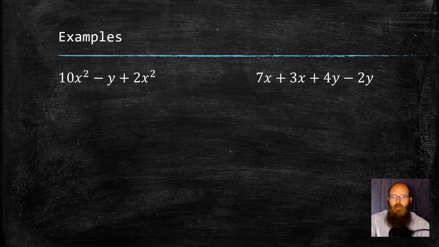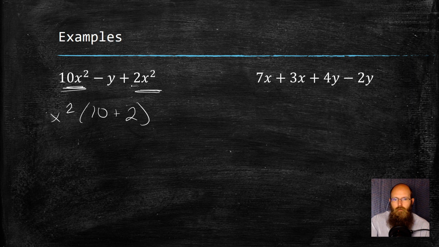Let's do a couple examples here. So I have 10x squared minus y plus 2x squared. Hopefully you notice both of these look a lot alike, right? They both have x squareds in them. Well, that means I can combine these two things. I'll show you this in a fancy distributive property way first. So they both have x squareds. That means that I can have a 10, and I'm adding that 2 from over here, right?